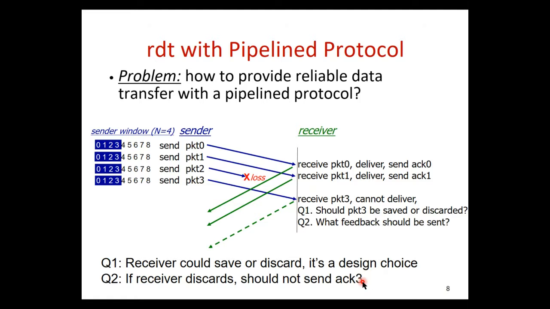And then the answer to question 2 is that if the receiver chooses to discard packet 3, it should not send ACK of 3, right? Because ACK of 3 would mean that everything has been received up to packet 3. So these 2 questions are related.